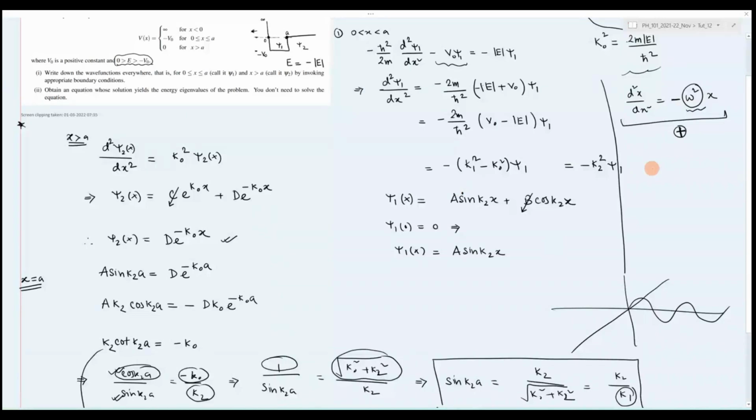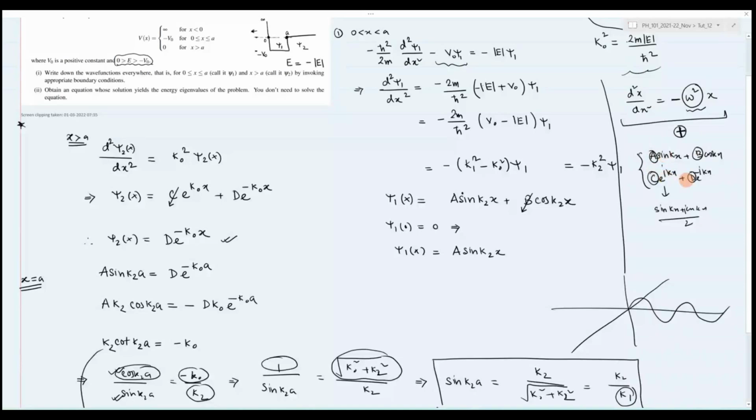If you have an SHM equation, then you can either write your solution to be equal to a sin kx plus b cos kx, or you can also write c e to the power ikx plus d e to the power minus ikx. I am asking when do we have to choose, when should we choose the sine one and when should we choose the other one? No, they are identical equations. If you convert this e to the power ikx to sine and cos, what will come? Sine kx plus cos kx. Then these coefficients will basically be changing. They are identical.